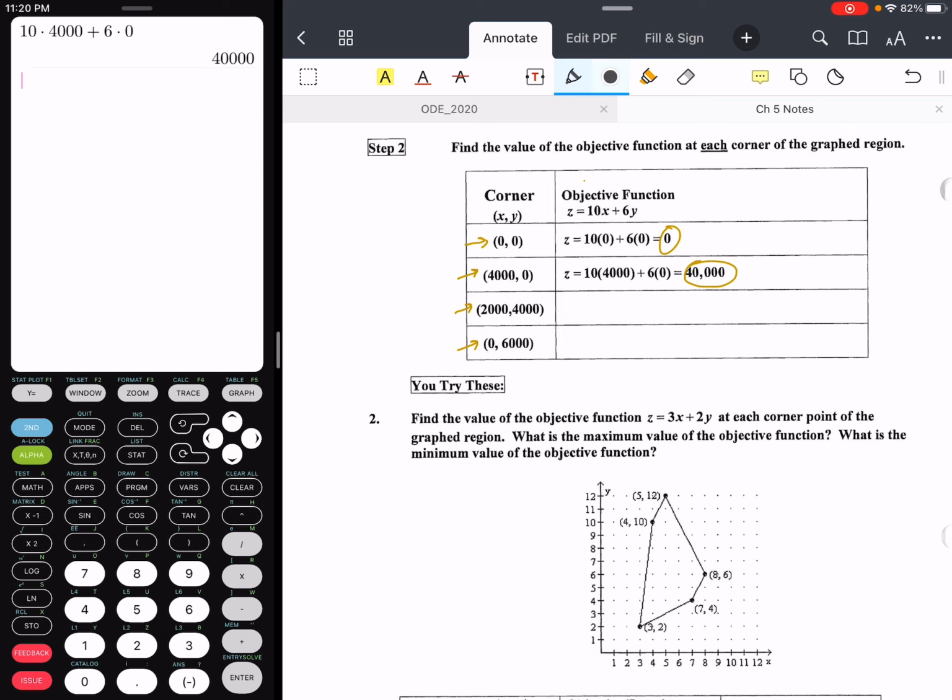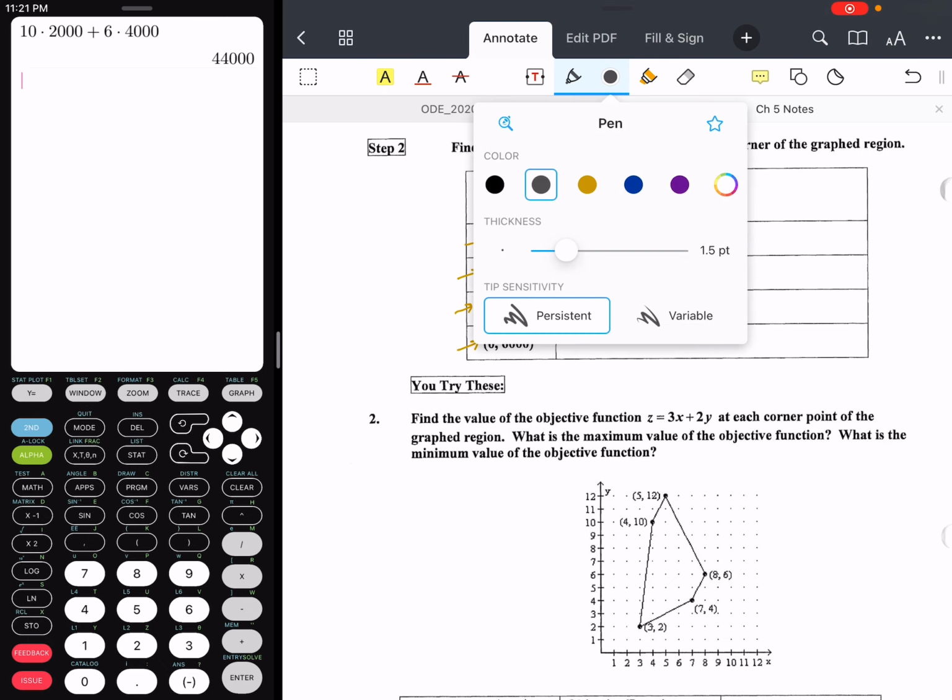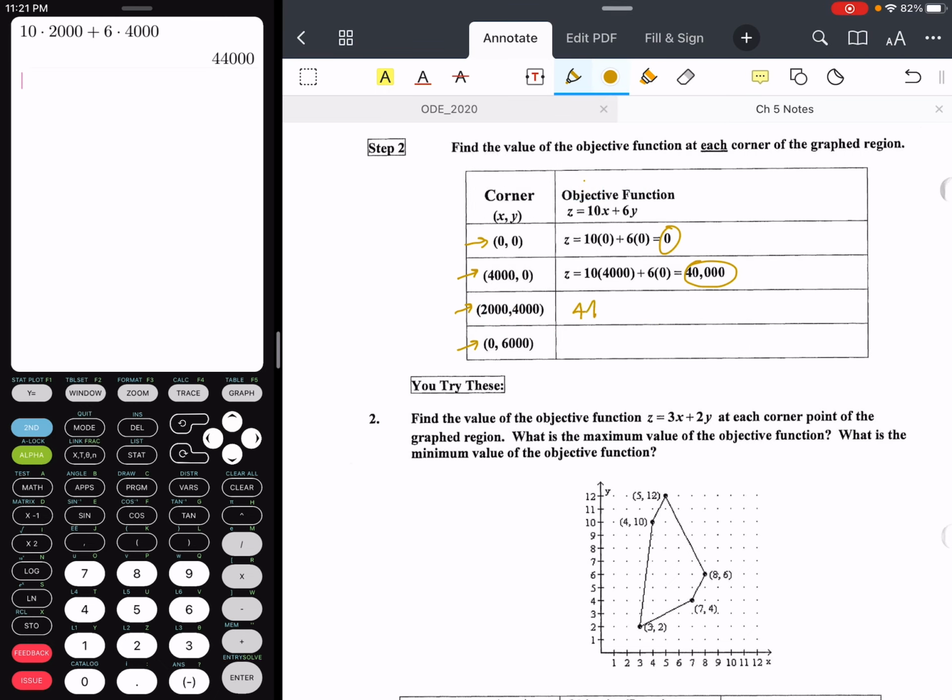All right, next up, at the ordered pair 2,000, 4,000, 10 times 2,000 for x plus 6 times 4,000 for y. So this gives me 44,000. And then finally, we have 10 times 0 plus 6 times 6,000. And that gives us 36,000.